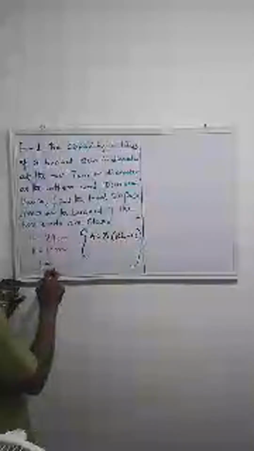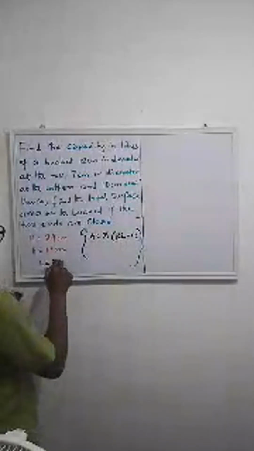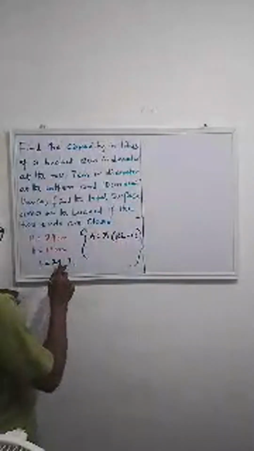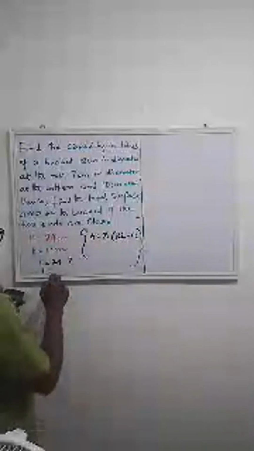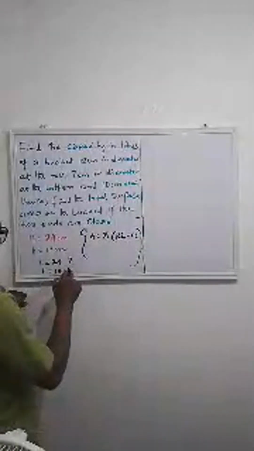Okay, so let's do that now. So we have big L to be 24.7, and small L to be what? 14.4. Okay, so now let's incorporate into this formula. We have A equals pi.